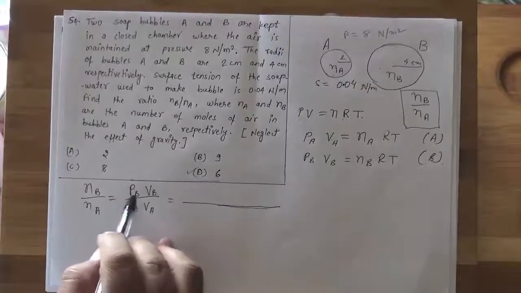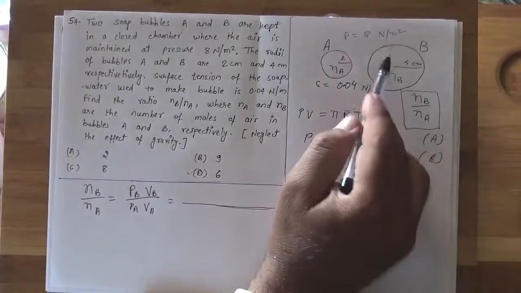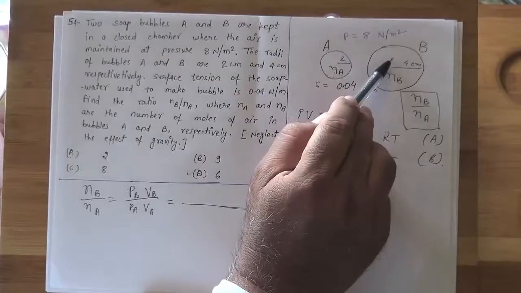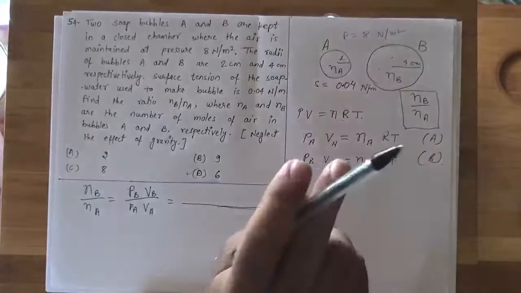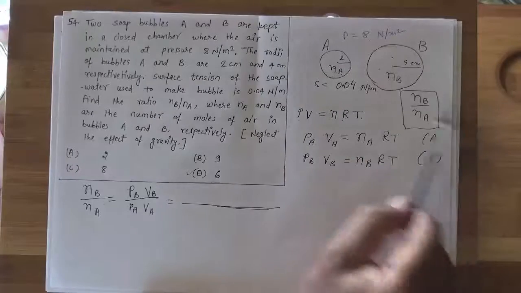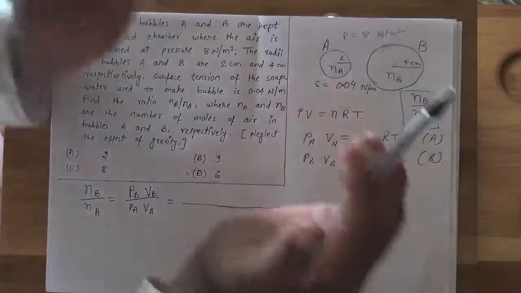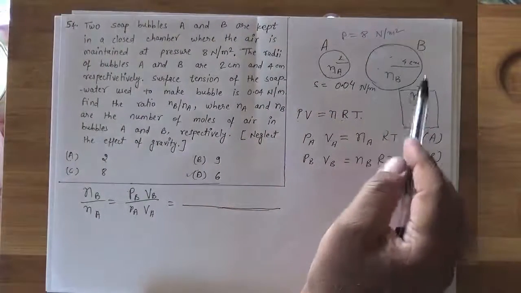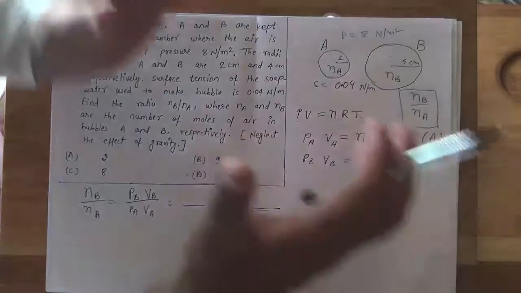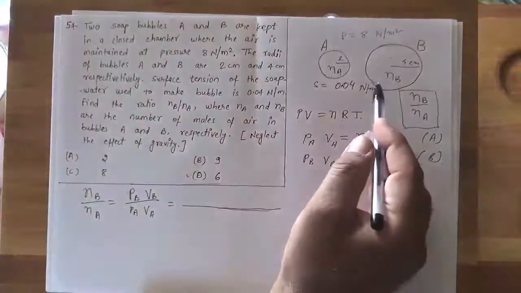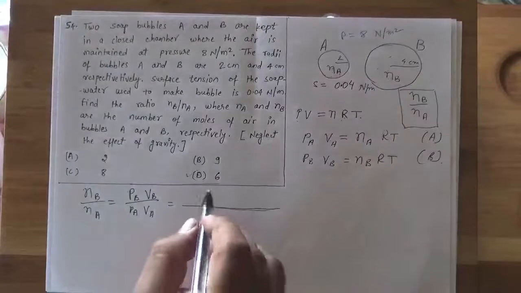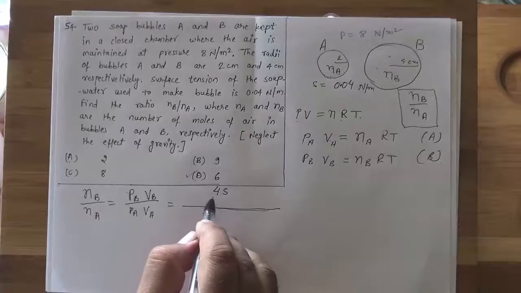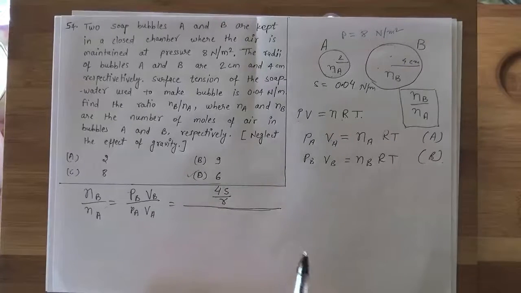Now P_B: pressure inside the bubble is pressure outside plus excess pressure. याद रखिए, whenever there is a formation of bubble and the drop, then due to surface tension there is certain extra pressure because this film is trying to reduce its area, so it gives additional pressure inside, and that additional pressure is 4S upon R for the bubble.